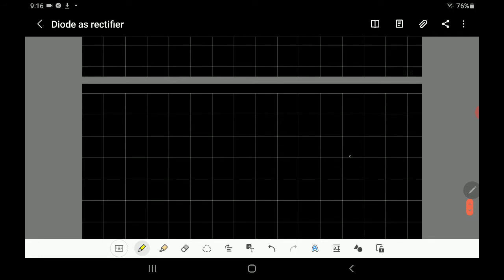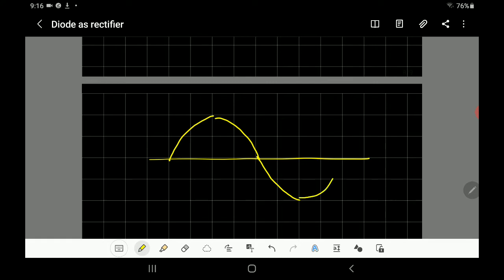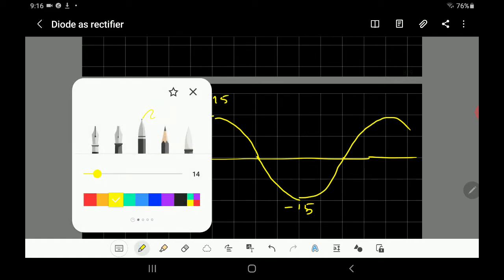So when you look at the sine wave input, that's the 15, minus 15. But there is 0.7 volt that you should compare with it.